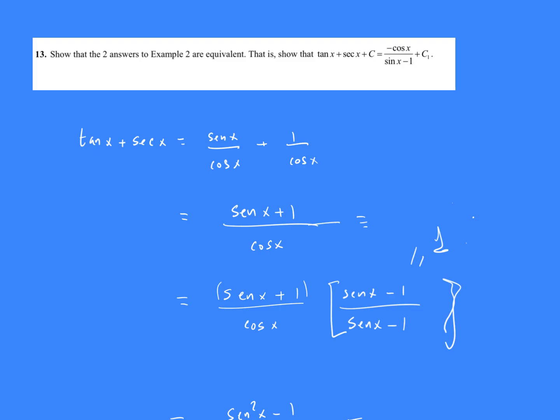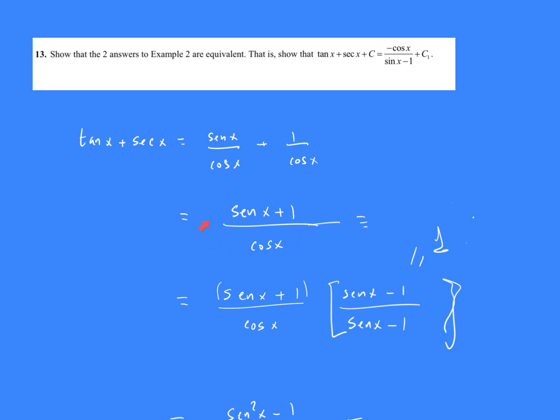We perform some algebraic calculations, and the interesting thing is to look for the conjugate, in this case of the numerator. So tangent of x is sine divided by cosine. Secant is 1 divided by cosine. They have the same denominator, so this is sine of x plus 1 divided by cosine of x.